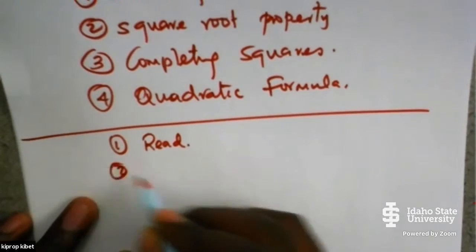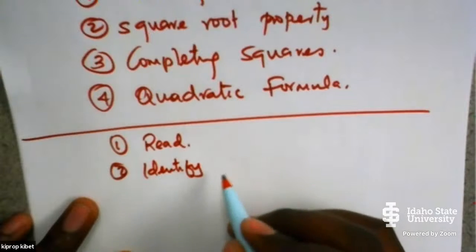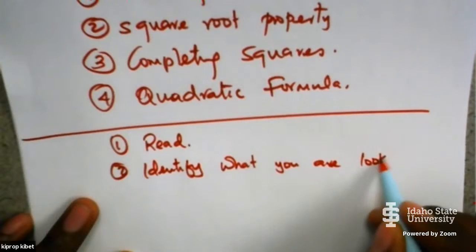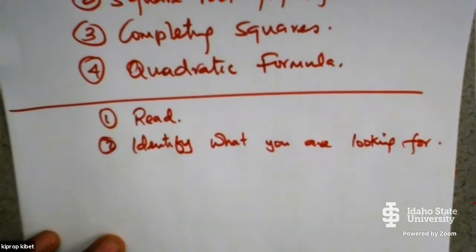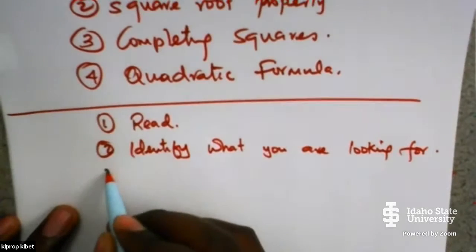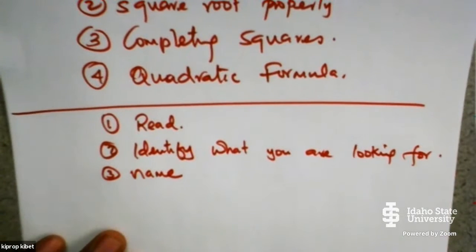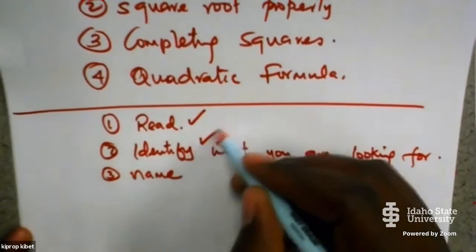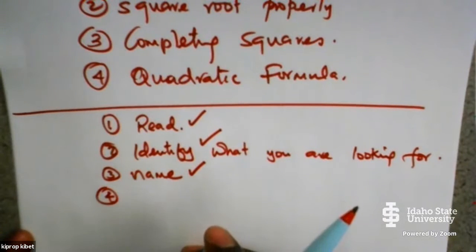Number two, identify what you are looking for. Number three, name what you are looking for. Then number four, translate into the equation.